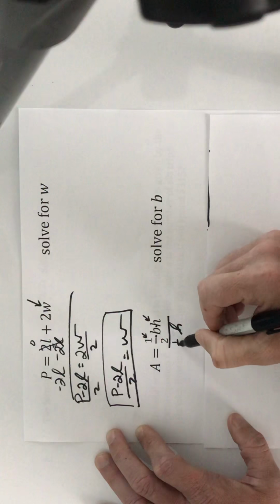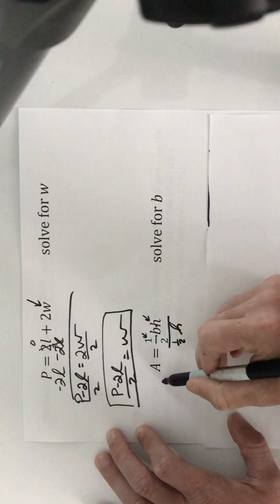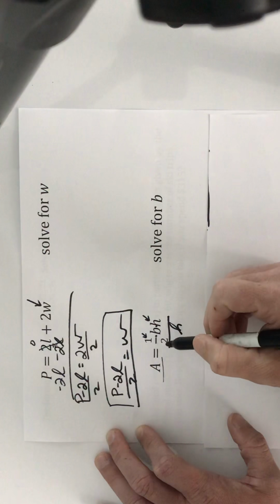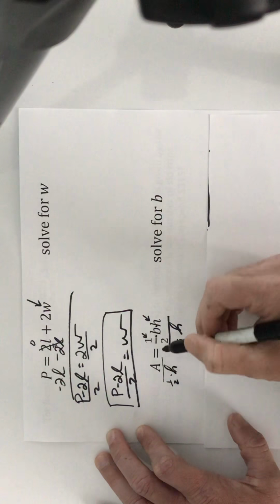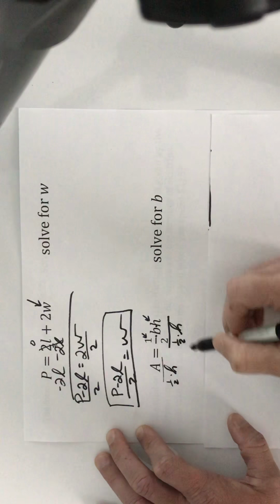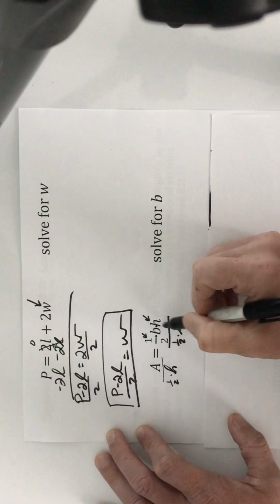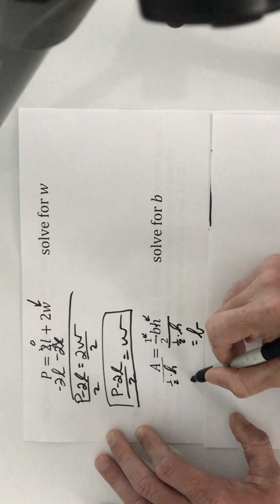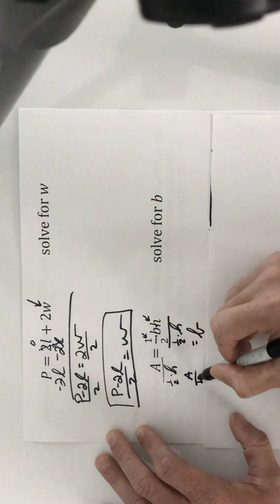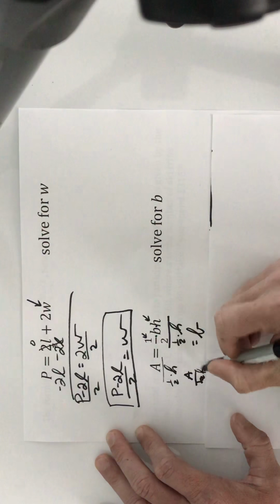And then I also have to think about, I'm going to divide it by 1/2 as well because 1/2 divided by 1/2 is also 1. So if I have 1/2 times h on the bottom, this piece becomes 1, this piece becomes 1. I'm left with b equals, and I have a over 1/2 h.